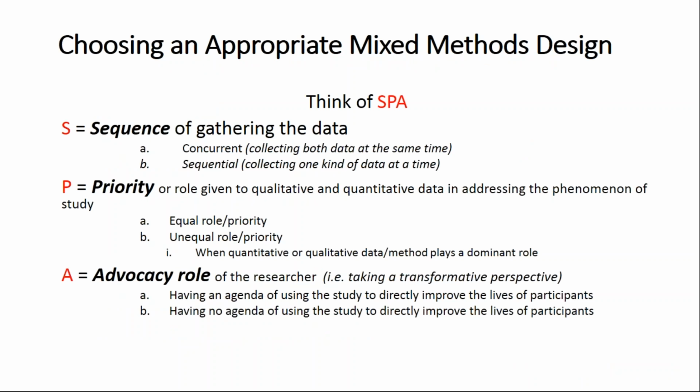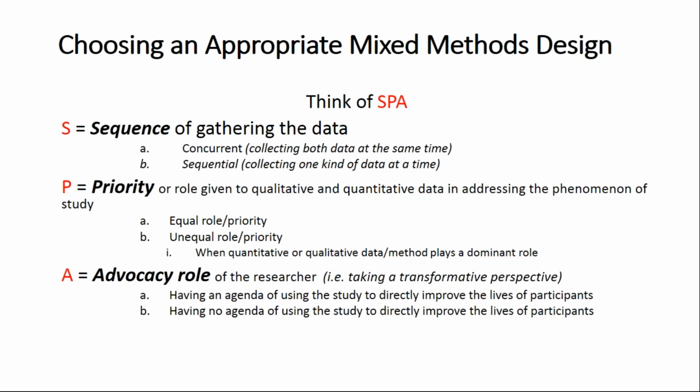So in terms of choosing an appropriate mixed methods design for your study, you think about SPA. S, think about a sequence, right? So in case you decide, okay, I want to collect two kinds of data, you ask yourself, what will be the sequence in terms of gathering the data? Do you want to start with one, analyze the data, and then go on to the second phase, right?